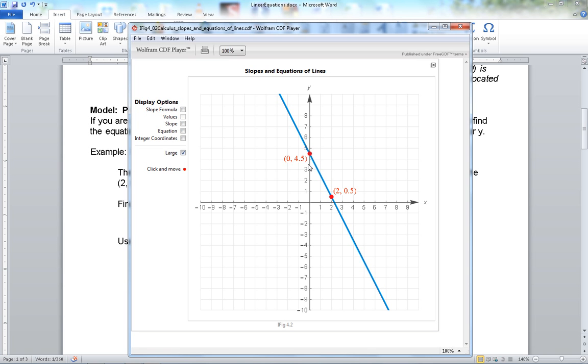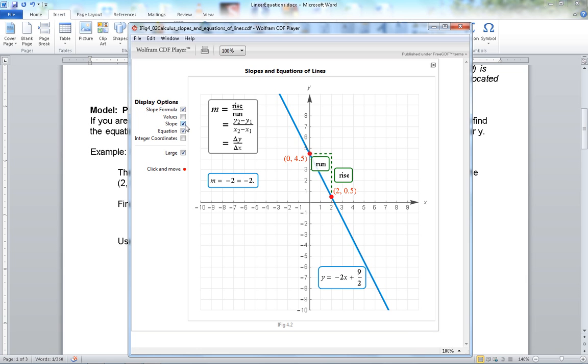The blue line is what the equation of the line is going to be. If we click on the equation button, it gives us the equation of that line. We can also talk about the slope and how it is calculated. So I'll take that off. But this is the equation of the line that we found.